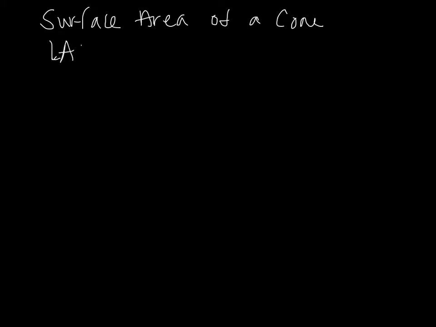Okay, next one we're going to do is the surface area of a cone. First we need to find our lateral area, which is pi r L, where the L is, well, let me draw here quickly.